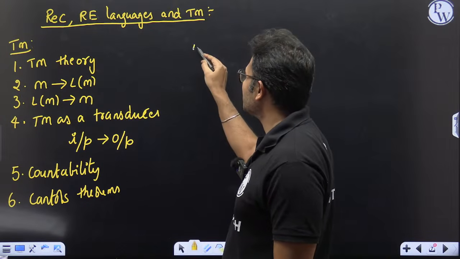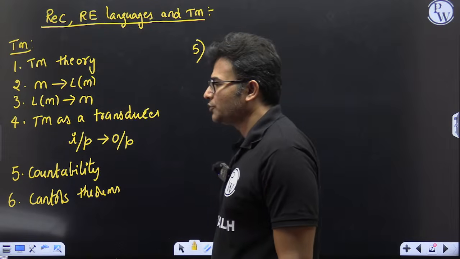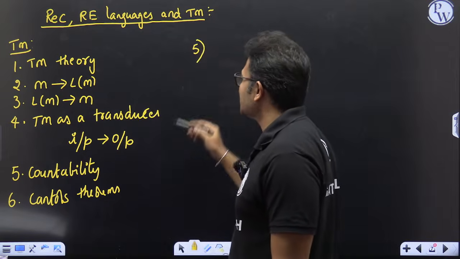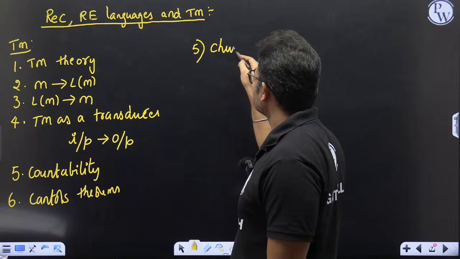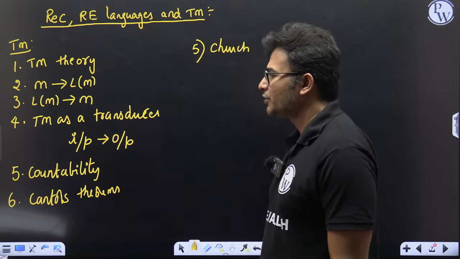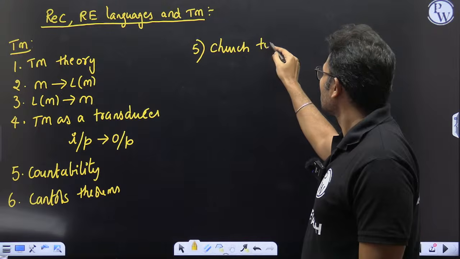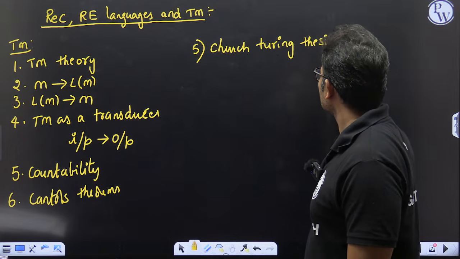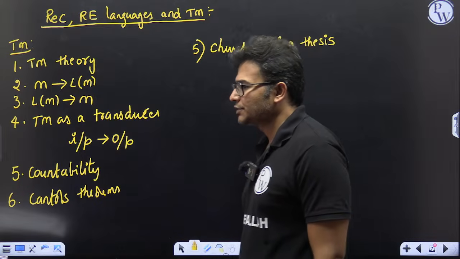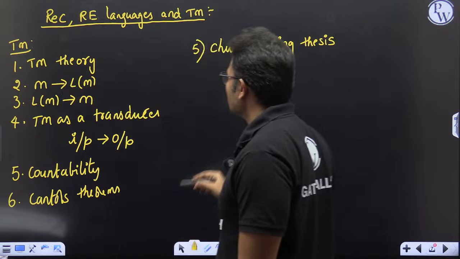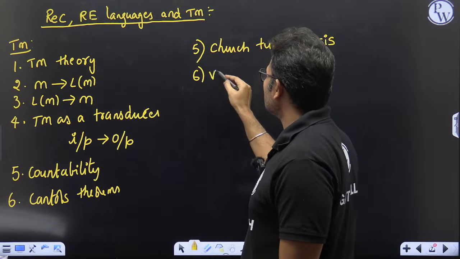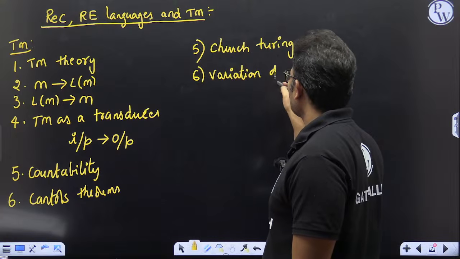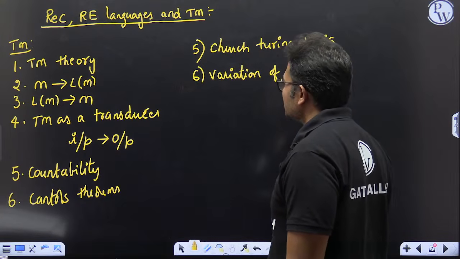Then Church thesis, Turing thesis. And then we will see variations of Turing machines.